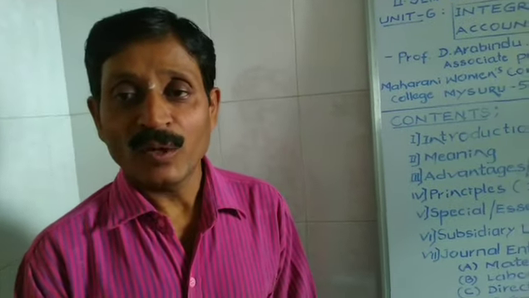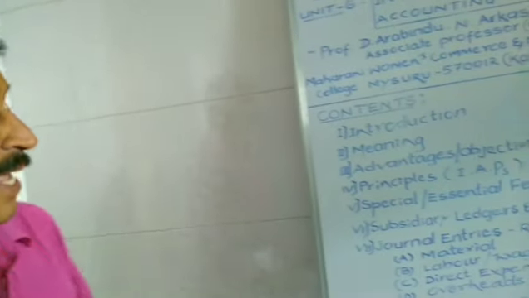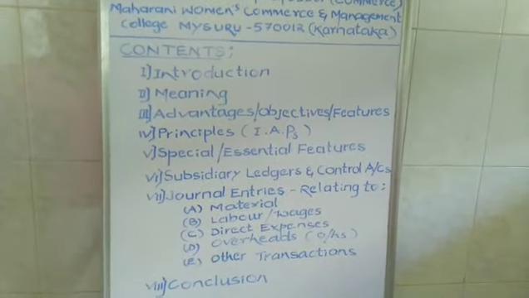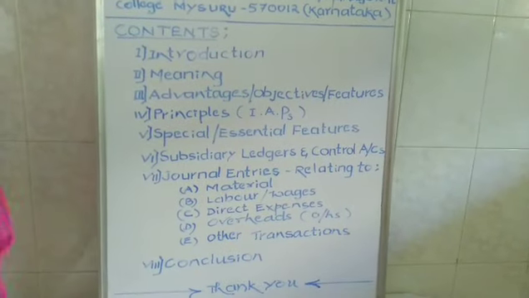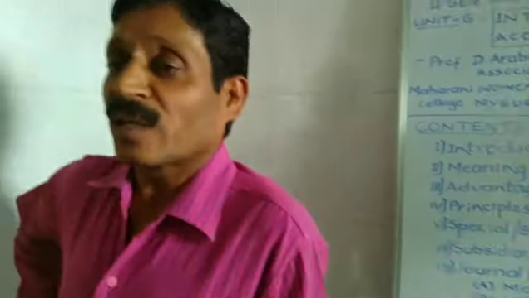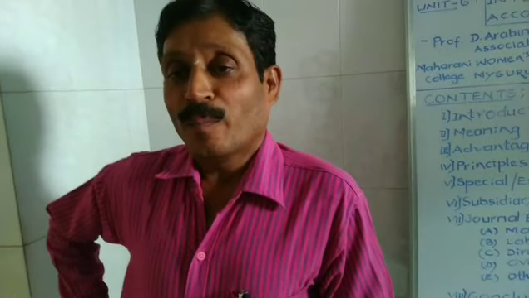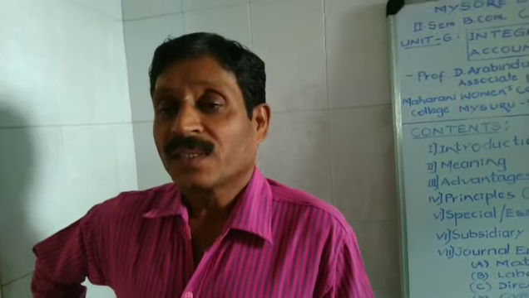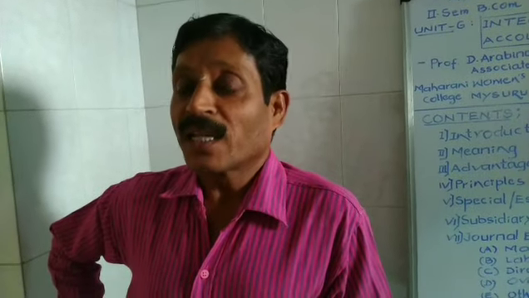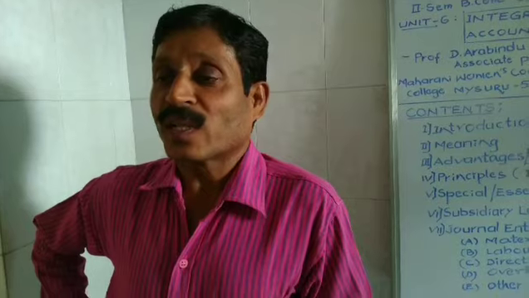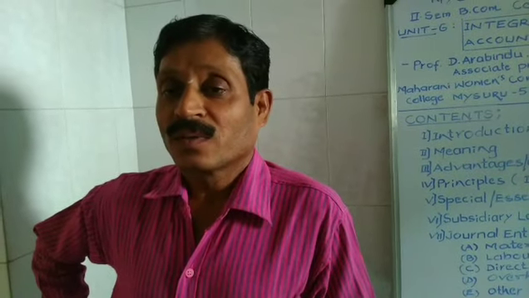And then we have to move towards the next aspect, the special or essential features of integrated accounting system. Main ledger is a general ledger which includes simple accounts as well as control accounts.